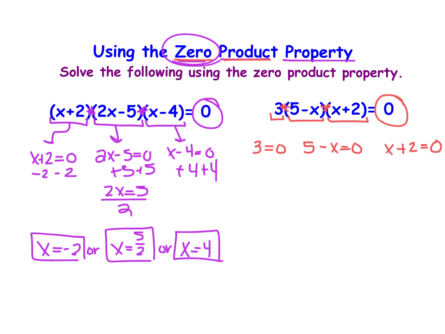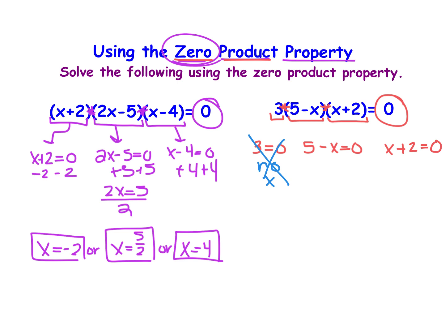So then from here, I move forward and I solve each different little mini equation for 0. What I notice in this first one is that there's no x value. So there's no way for that part to equal 0. That's false. So as a result, I can ignore this and say, no matter what I pick for x, that little mini equation there will never equal 0.